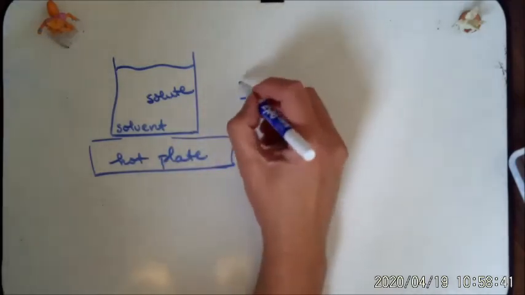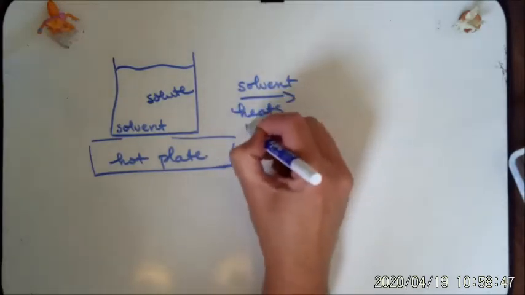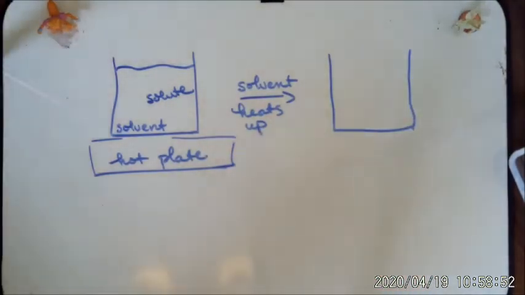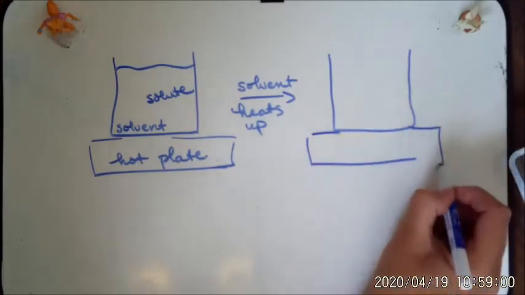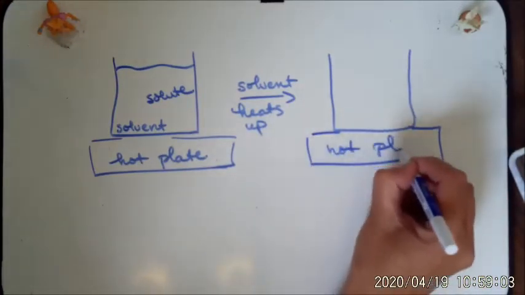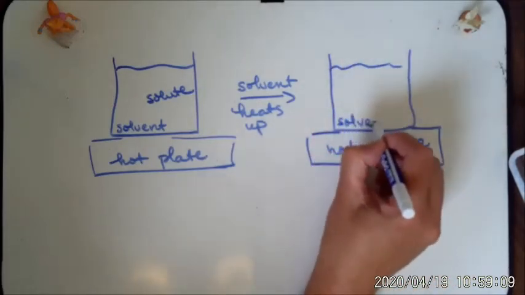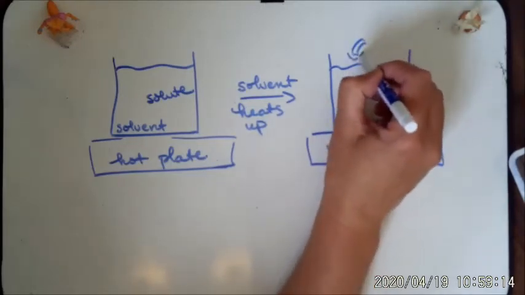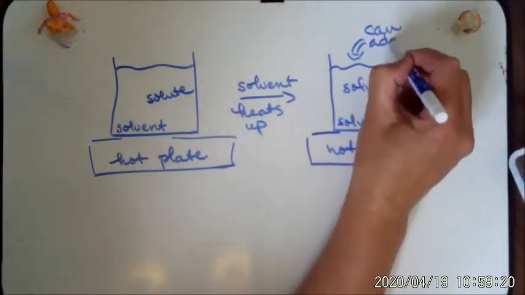Well, when I heat it, most times, it's not 100%, something like potassium chlorate actually decreases the solubility, but most times, at higher temperatures, the solute is more soluble. So I can actually add more solute.